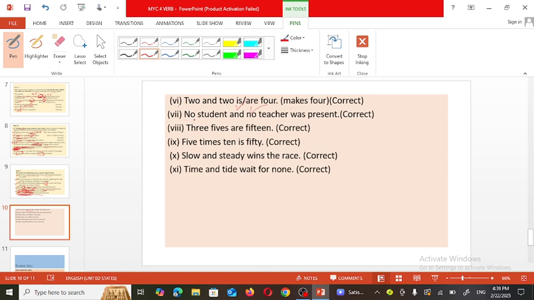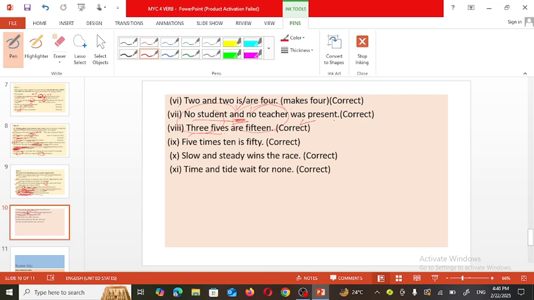Now see the next one. No student and no teacher was present. No student is the first subject, no teacher is the second subject, joined with and, but there is nothing, and that's why it should be considered as a singular one.